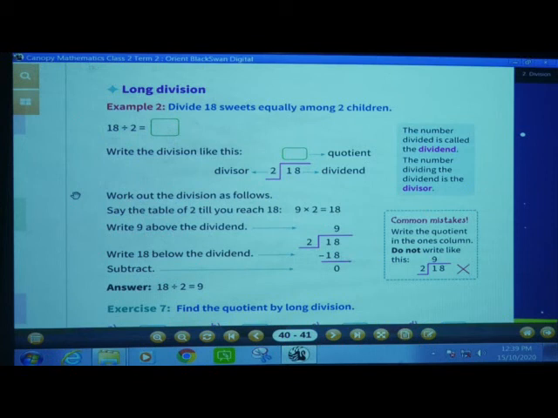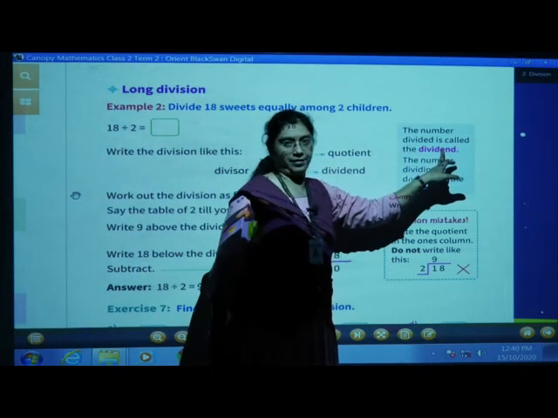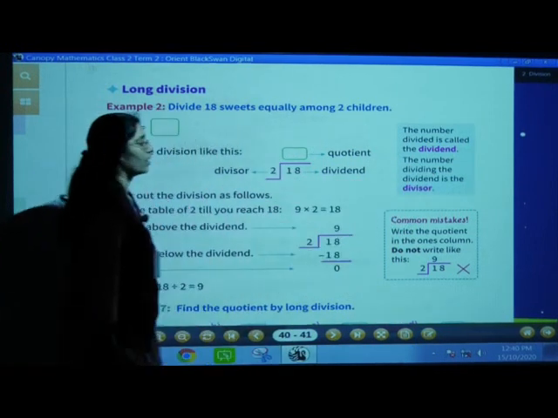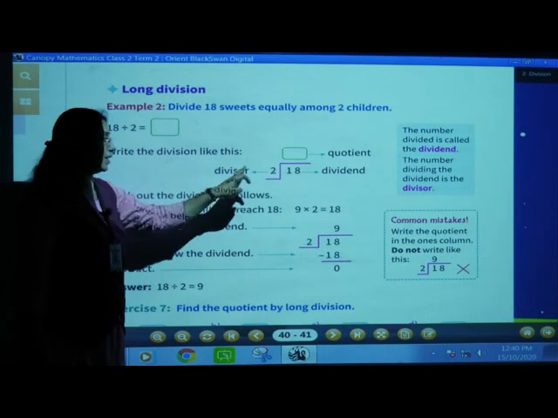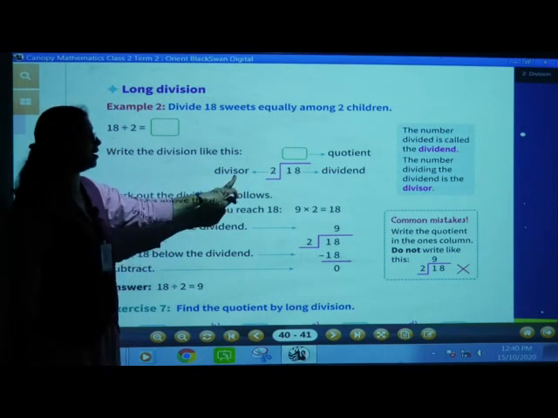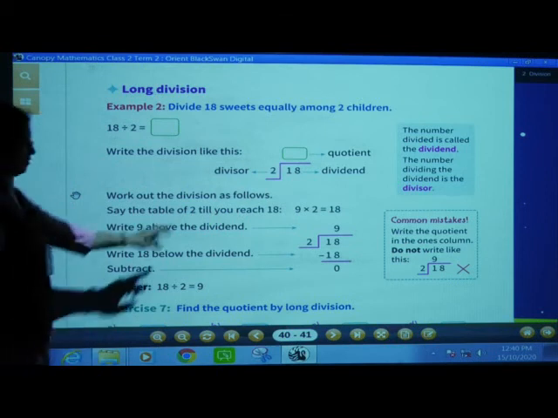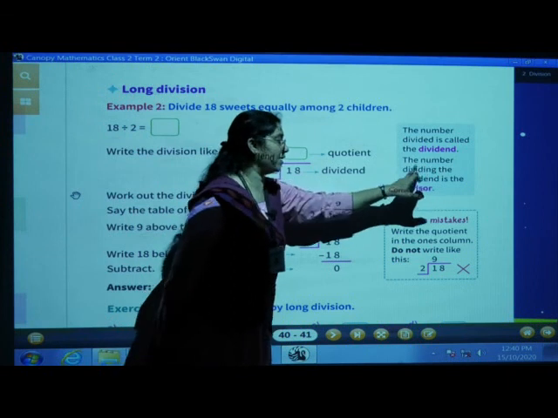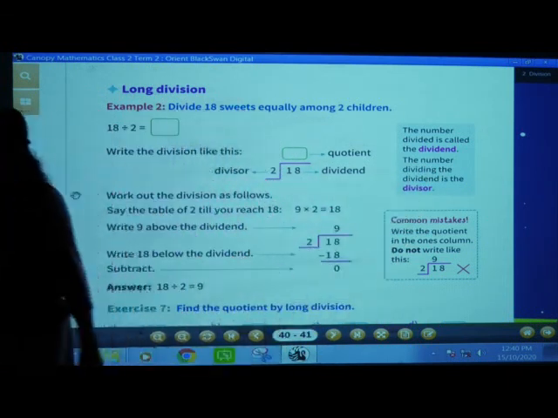And 2 is the divisor. The number dividing the dividend is the divisor.